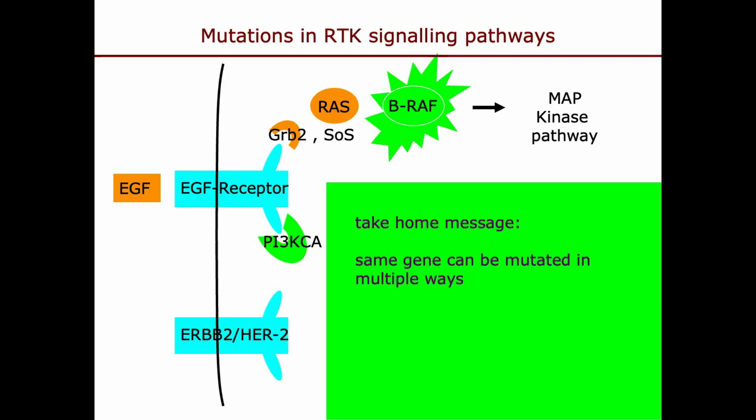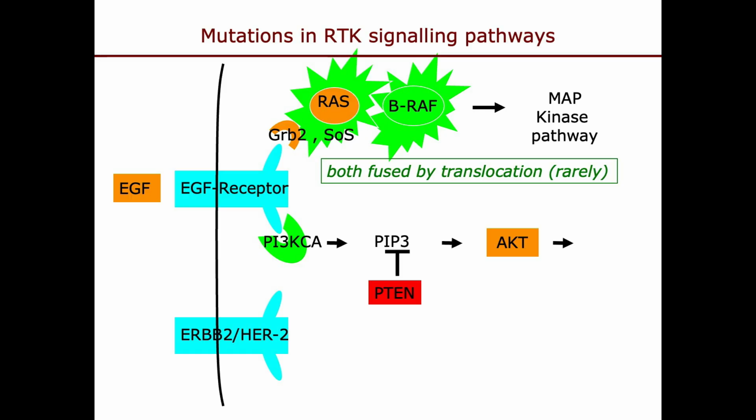One of the take-home messages here is that the same gene can be activated by completely different mechanisms. In the case of BRAF, you can have either point mutation or you can have a tandem duplication activating it. And in fact, this applies to the other genes as well. So RAS can be activated by translocation, chromosome translocation in some cases, for example, although the point mutations are better known.